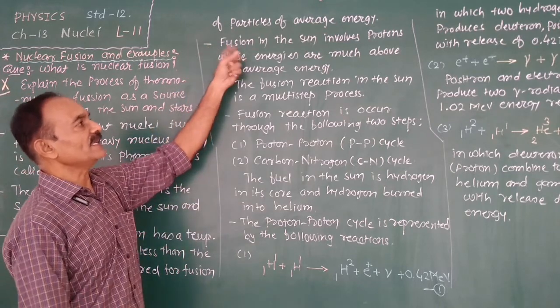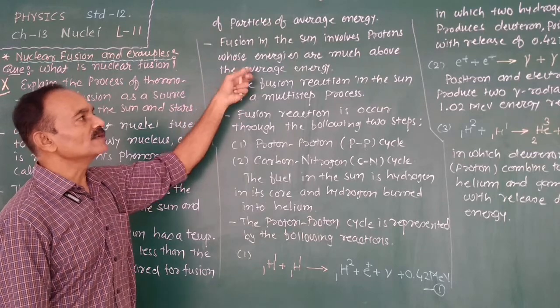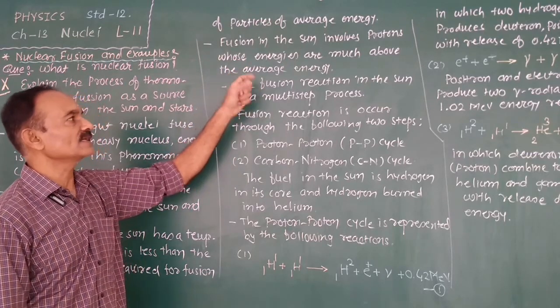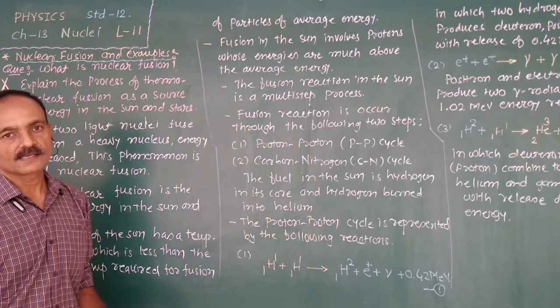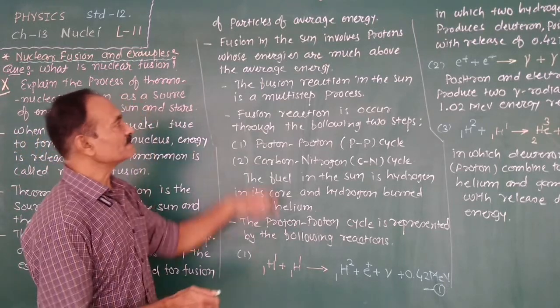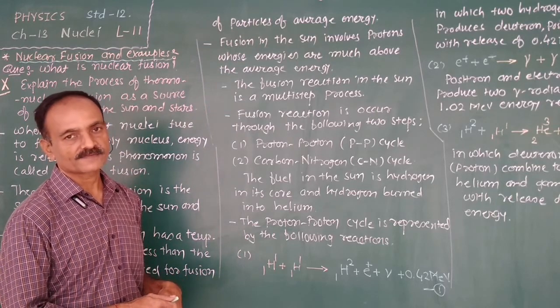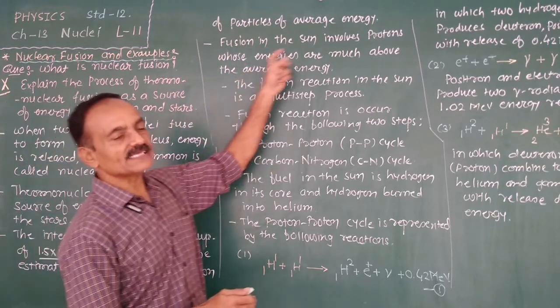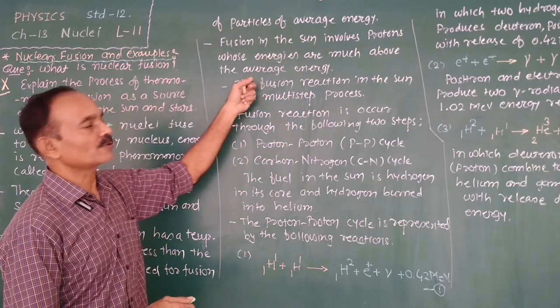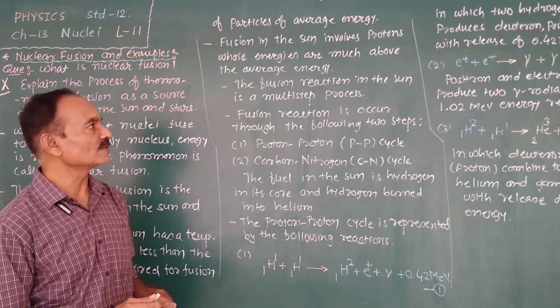Now, fusion in the sun involves protons whose energies are much above the average energy. In the sun, whatever fusion process takes place involves the protons of the sun. The energy of these protons is much more than the average energy of a particle.